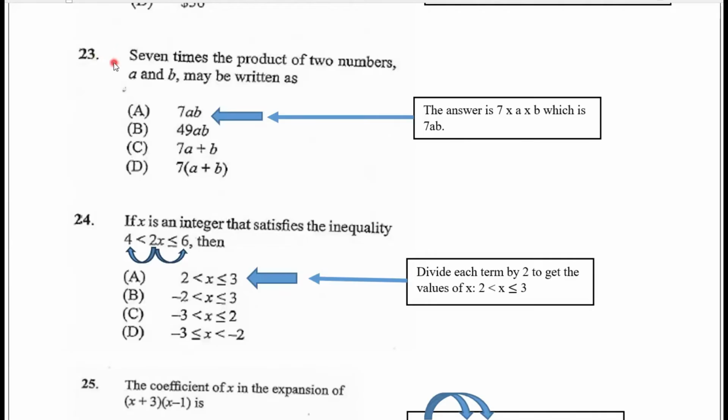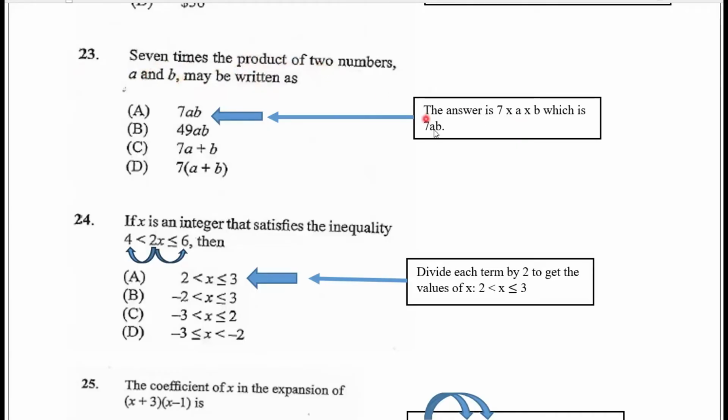23. 7 times the product of two numbers, A and B, may be written as. Now, this is a worded statement. We want to put this into algebraic form. 7 times product. Product means multiply.